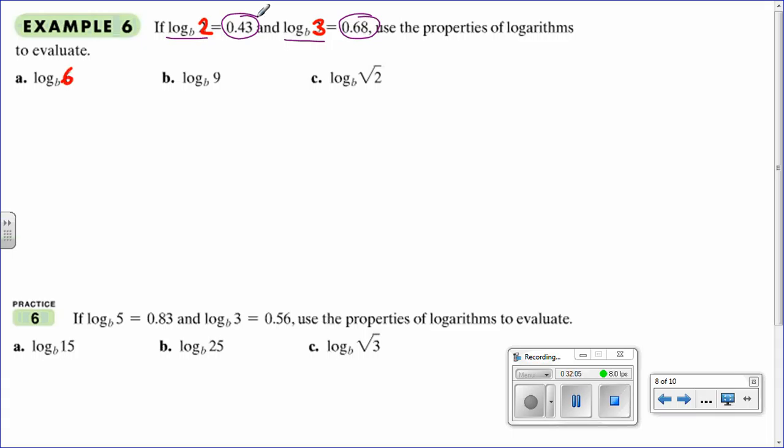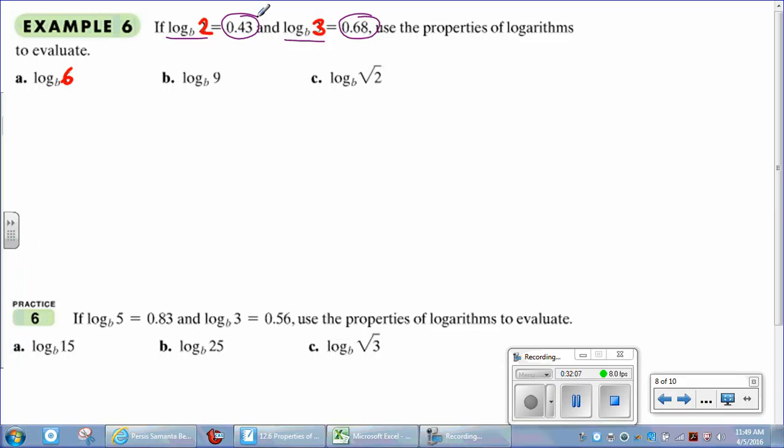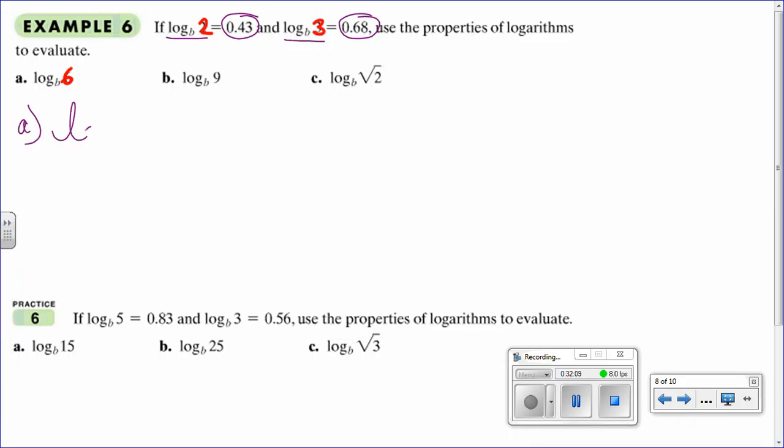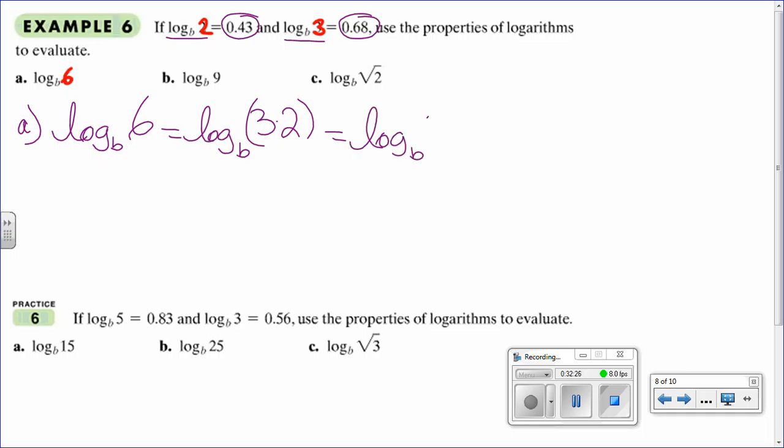Okay, so multiply. So we will say the log base b of 6 is the same as the log base b of 3 times 2, correct? Yes? And if we apply the product property to expand, it's going to be the sum of 2 logs, right? That's what we did.